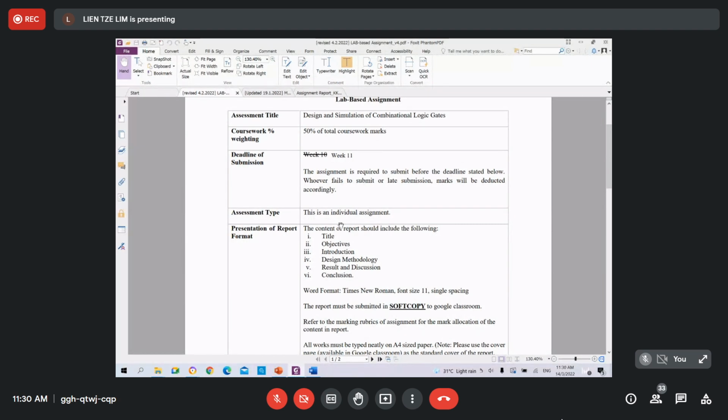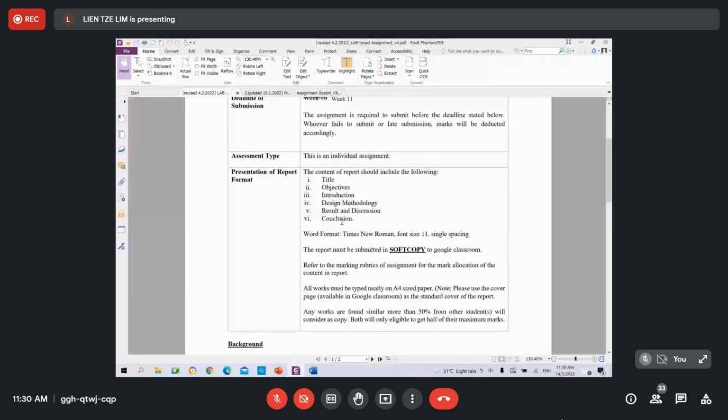You can also discuss with other course mates, but make sure that the content and the discussions of your result must be different. If I find any content or discussions similar, I will deduct your mark.